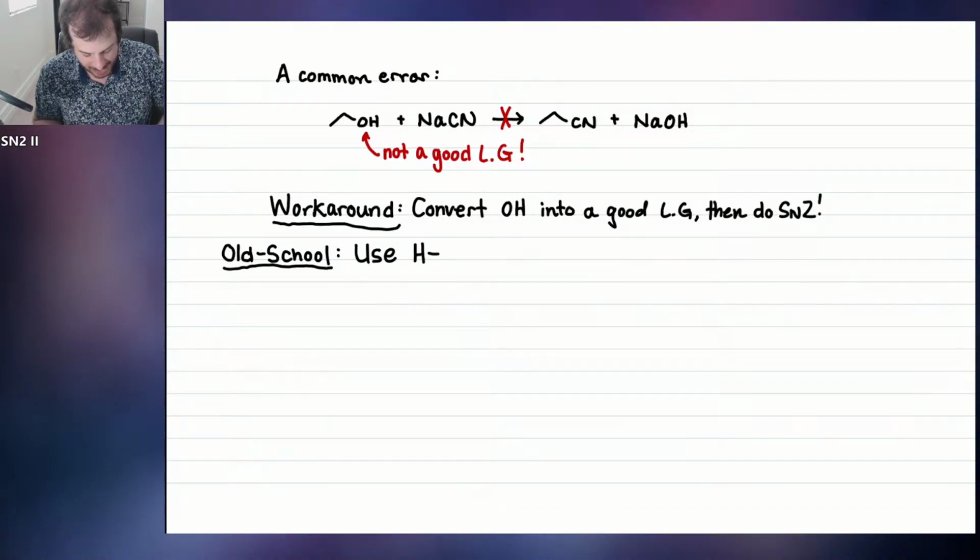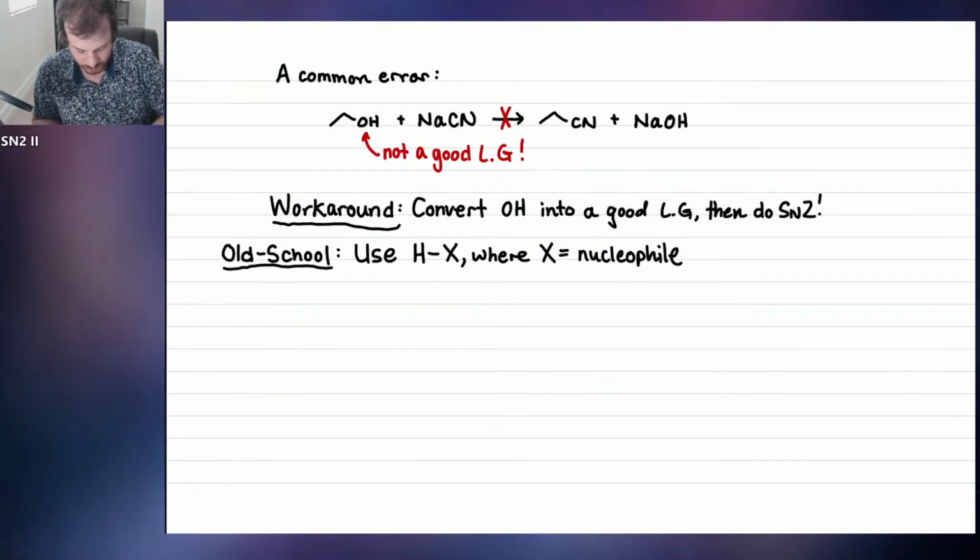Use HX, where X is a halogen. X equals the nucleophile you want to replace the OH with, but it has to be a halogen. So that could be, for example, chlorine, bromine, or iodine.